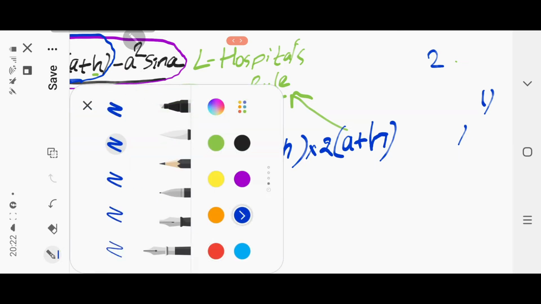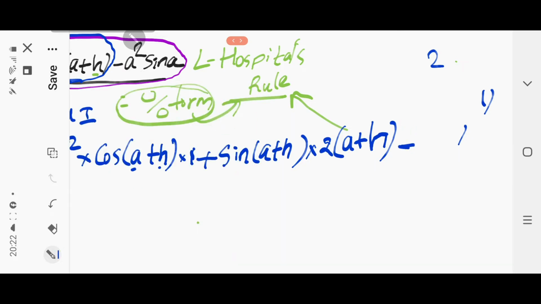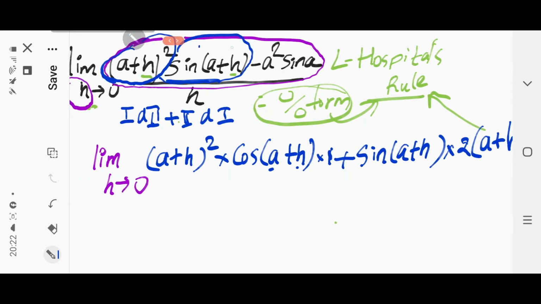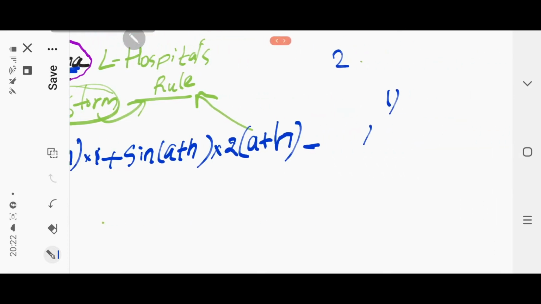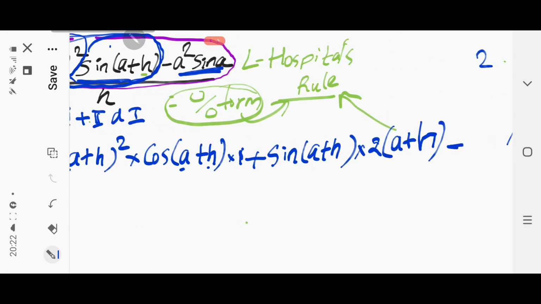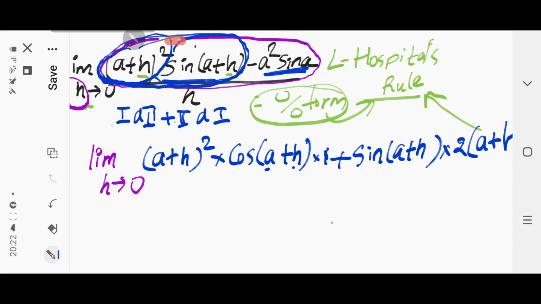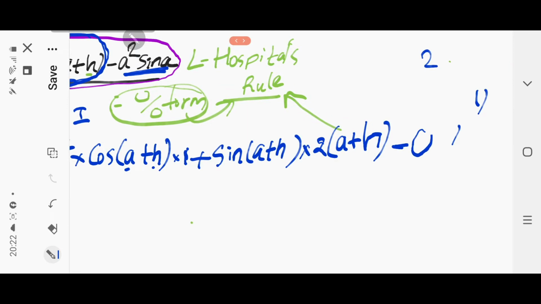Then minus, you are taking the derivative of this thing. Minus, what is the next thing? Minus, what is a square sine square? Since you are taking the derivative with respect to h, no h is there. That means this thing is fully a constant. That means you can put 0. Getting it?